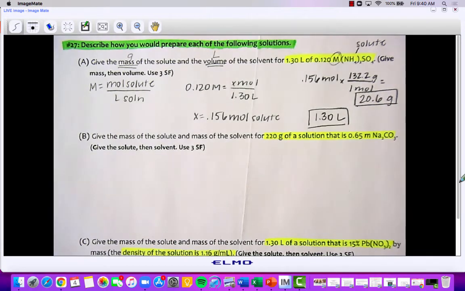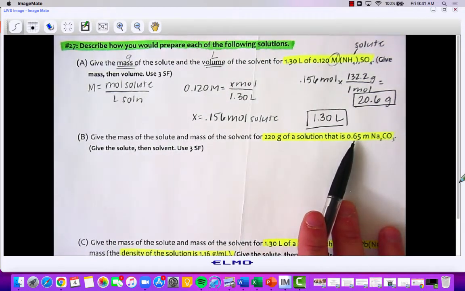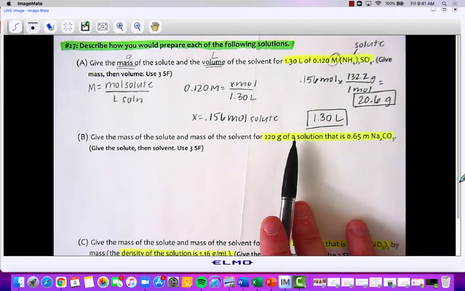So for part B, this one's a little bit more complicated because we have to really use the information given and solve for some different variables. So part B says give the mass of the solute and mass of the solvent for 220 grams of a solution that is 0.65 molal sodium carbonate. So they give us the mass of the total solution and they give us the molality. So they don't even give us information that we could use to go from solution to solvent or solute.